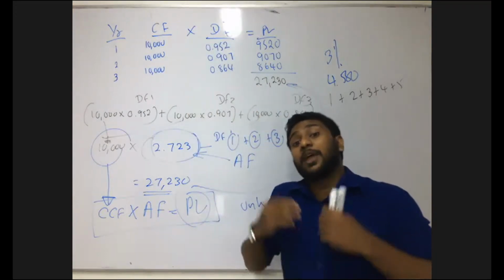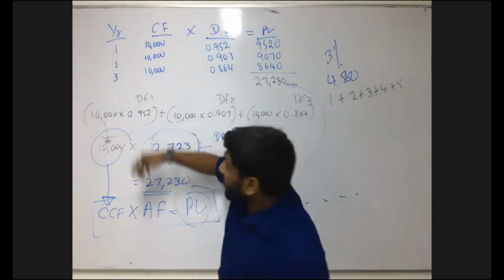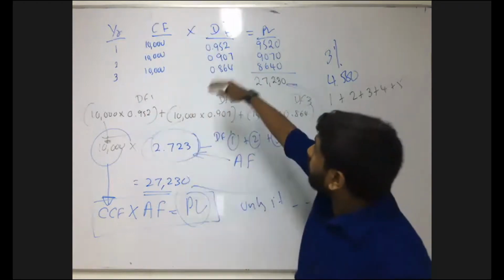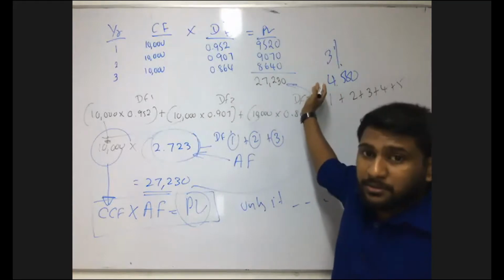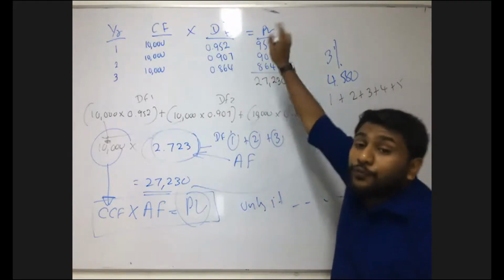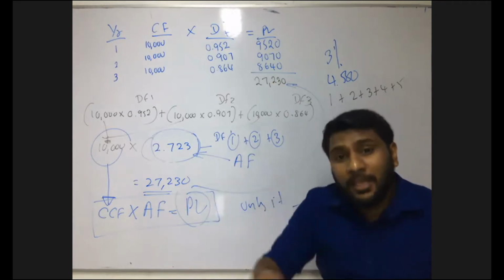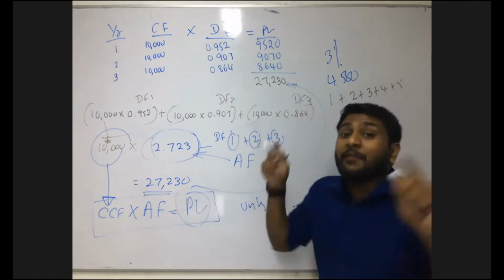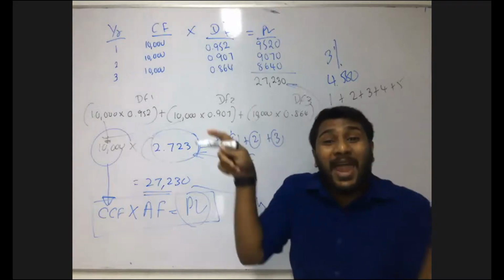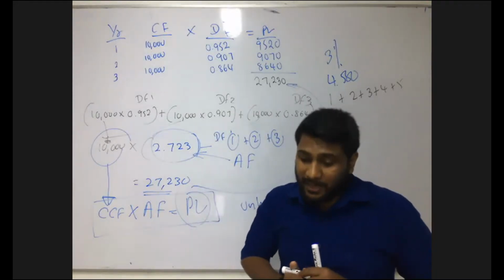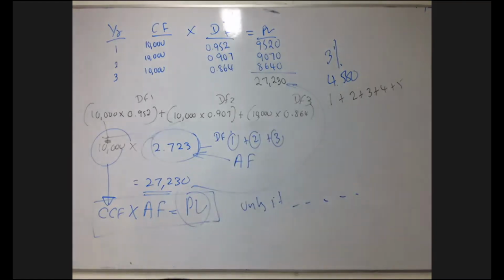But in your exam, if they ask for 10 years with 10,000, then you have to multiply 10 times to get your present value if you are using discounting factors. But you can get the answer quickly using the annuity factor because I have already given you the addition of the discounting factors of the first 10 years. Is that clear, guys? Can I get a reply?